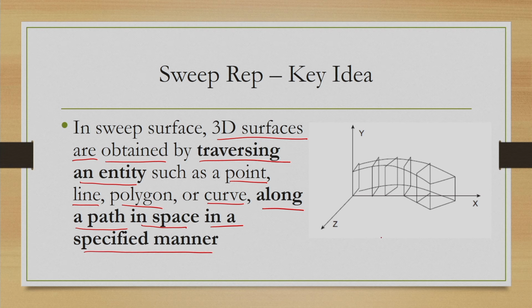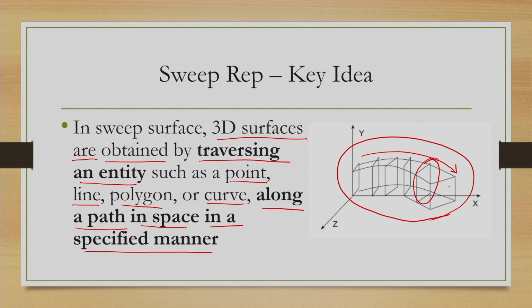For example, look at the figure. Here we have this rectangle and the rectangle is moved in a specific trajectory to create this overall object of interest. So, the object here is this entire thing created by moving a rectangle along a specified path.